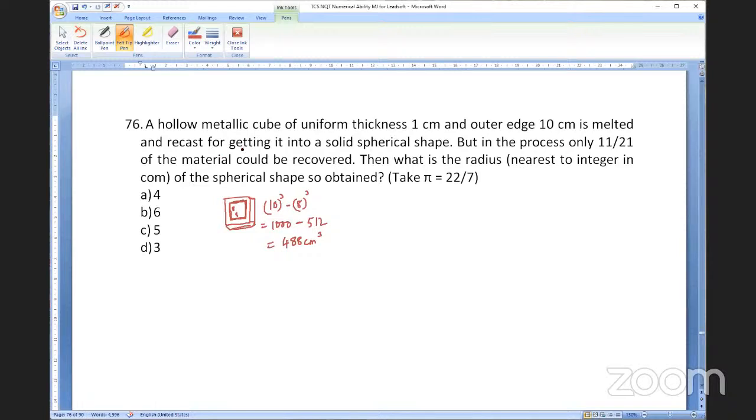And it is recast to get a solid spherical shape. Spherical shape volume would be 4 by 3 pi r cube. But in the process, only 11 by 21 part of the metallic material could be recovered. So first we need the recovered material. Recovered material is 488 into 11 by 21.